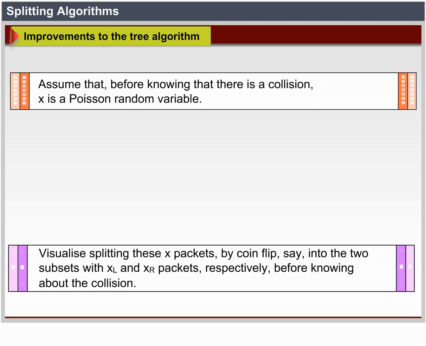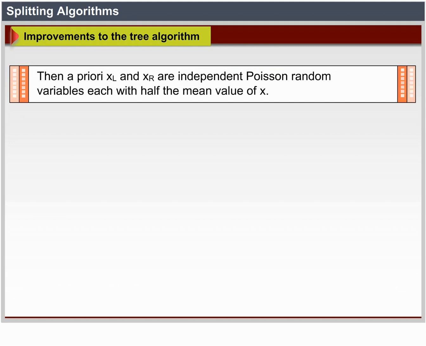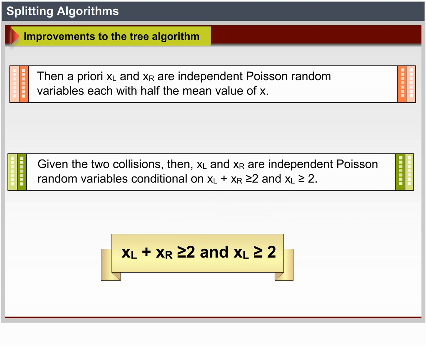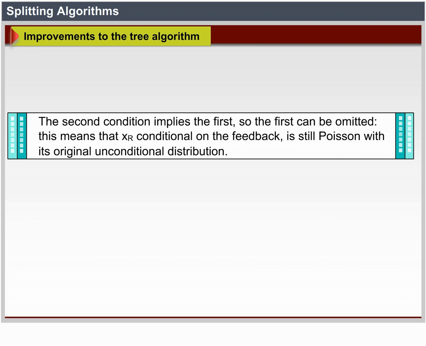Then a priori XL and XR are independent Poisson random variables, each with half of the mean value of X. Given the two collisions, then XL and XR are independent Poisson random variables conditional on XL plus XR greater than or equal to 2 and XL greater than or equal to 2. The second condition implies the first, so the first can be omitted. This means that XR conditional on the feedback is still Poisson with its original unconditional distribution.